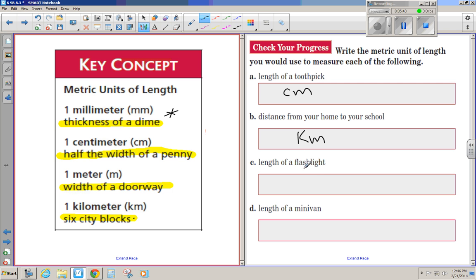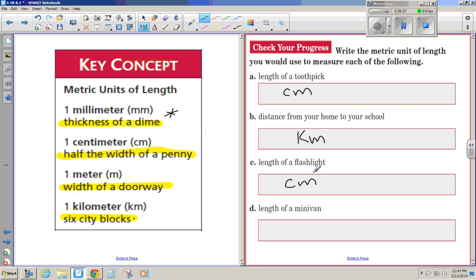Well, the length of a flashlight is longer than a toothpick, but compare it to a doorway. Is it at all close to a doorway? It's not, so you're going to say that this is centimeters again.